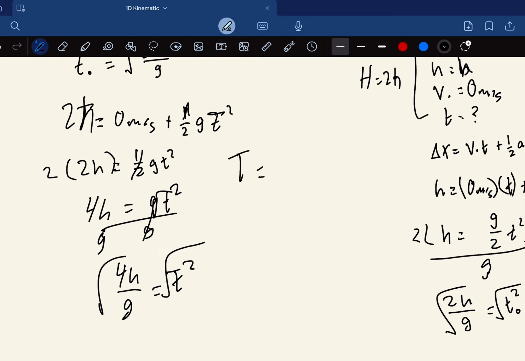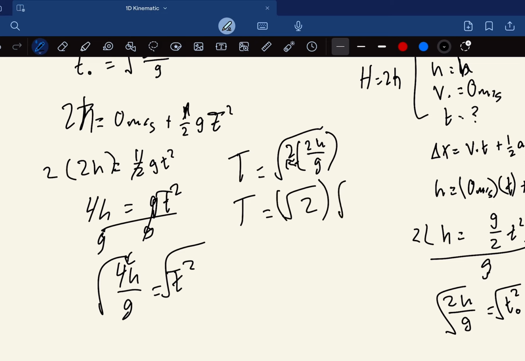And we get t equals radical 2 times, well, I'm just taking a 2 out of this 4, times 2h over g. And then we can take this 2 out of here by taking the square root of it, so it's equal to radical 2 times radical 2h over g.